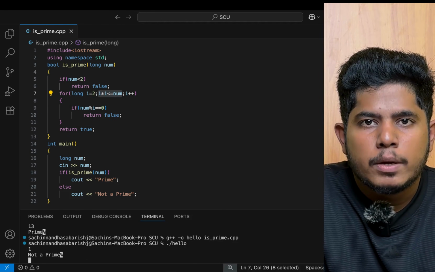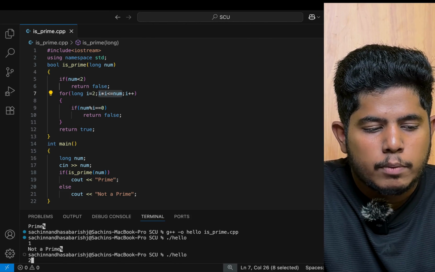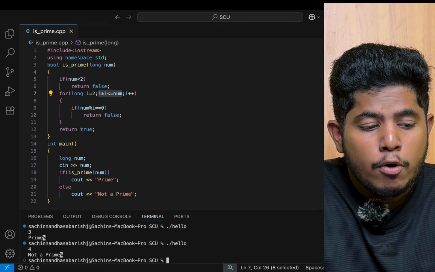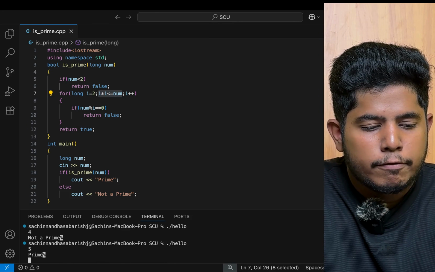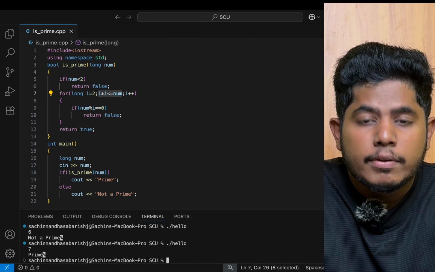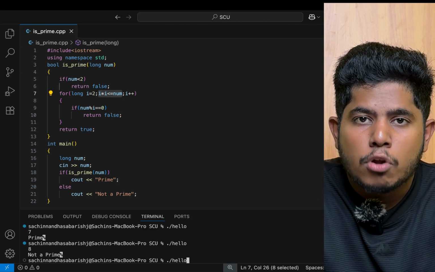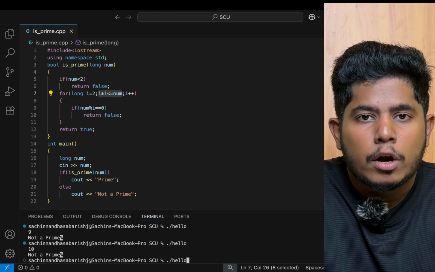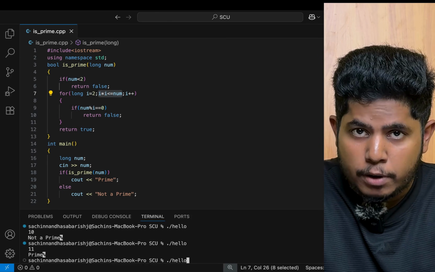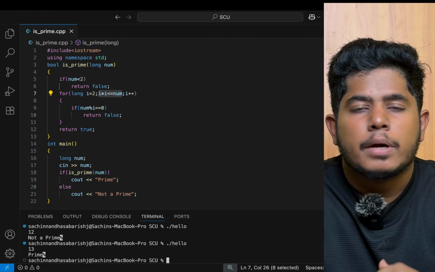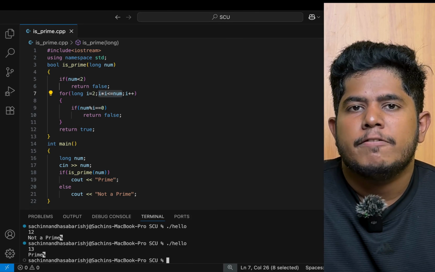Let's say input be 1, which is not a prime, then we'll go with 2, which is a prime, then 3, which is a prime again, 4 is not a prime, 5 is a prime, then 6 is not a prime, 7 is a prime, 8 is not a prime, 9 is not a prime, 10 is not a prime, 11 is a prime, then 12 is not a prime, then 13 is a prime, and it goes on and works absolutely fine.